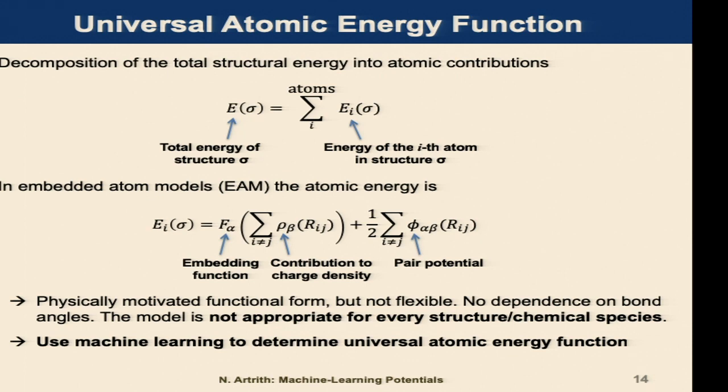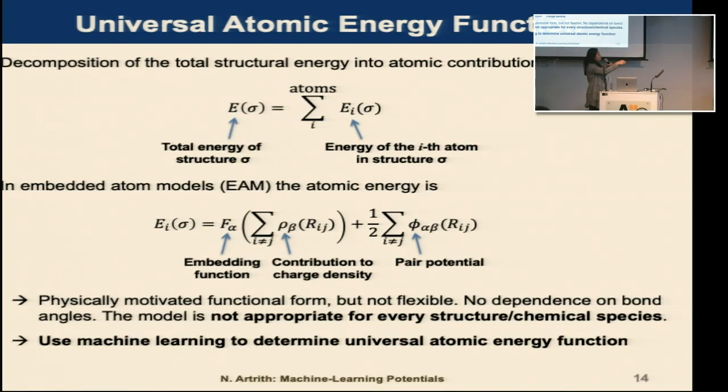So I would like to look back at, for example, the embedded atom model, or EAM potential, which you may already be familiar with. This is a very simple notation that I show. This is the total energy as the sum of the atomic contributions of a structure, coming from the summation of the energy of many atoms in each structure. This is similar to what we would like to have. For the EAM, the atomic energy comes from two terms.